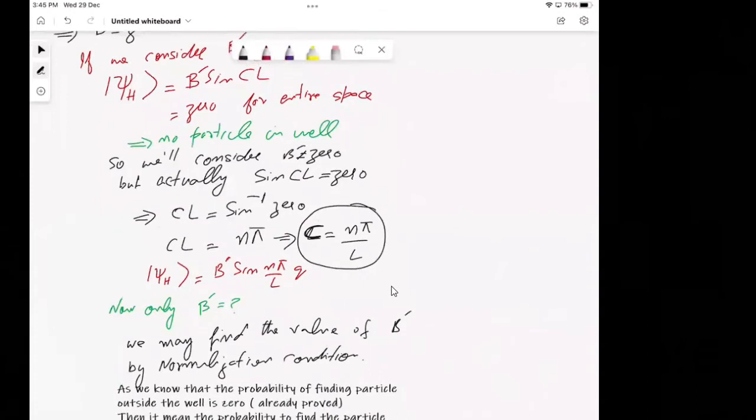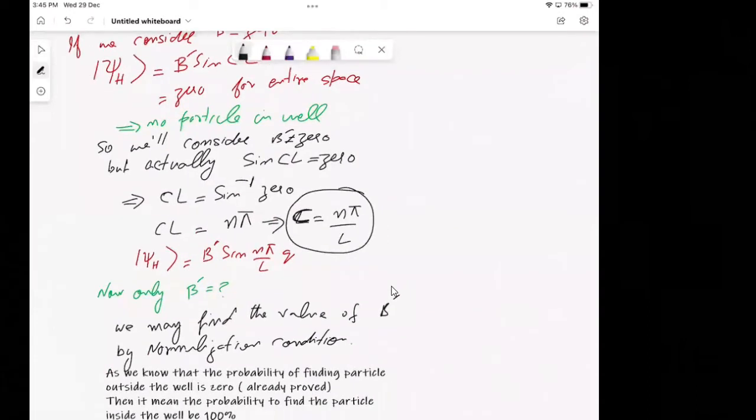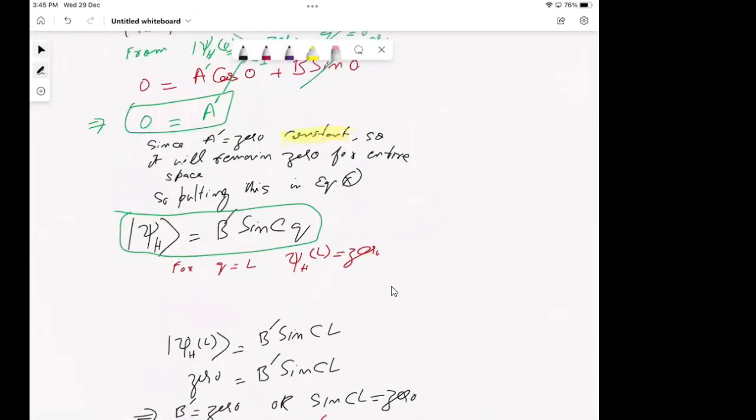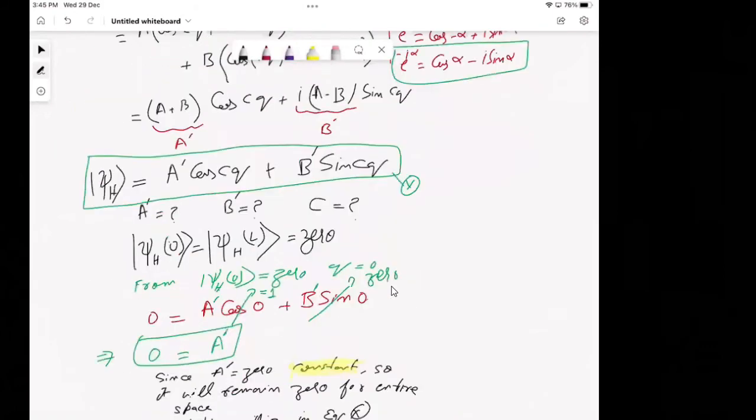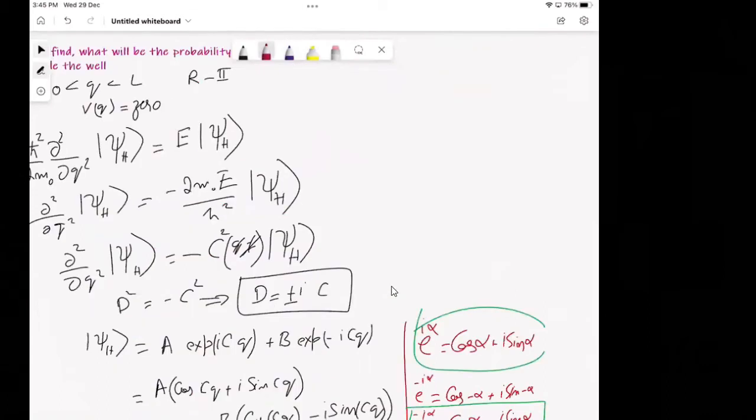So you have c l equal to n pi, and from here c square is equal to 2 m naught E divided by h cut square.